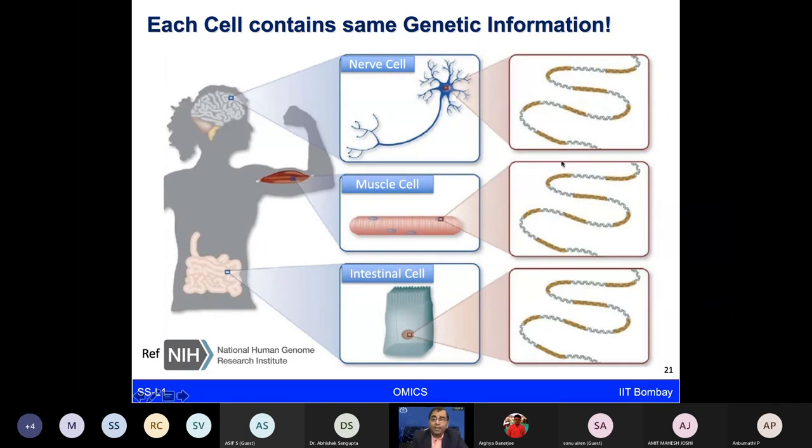So while the thread is the same, only specific components of it are expressed in different types of cells belonging to different organs. Those are termed gene expression, how the genes are expressing in specific organs or specific organelles.